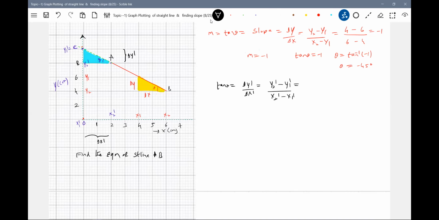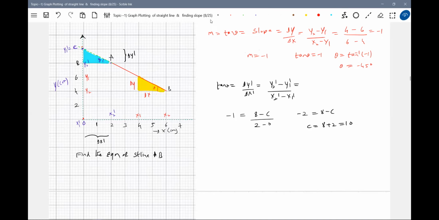Tan theta value we know, it is equal to -1, equal to y2 dash is 8, minus C, over x2 dash 2, minus x1 dash 0. So finally, how much are we getting? -2 equal to 8 minus C. So C equal to 8 plus 2, 10. What is the intercept? C will be 10.